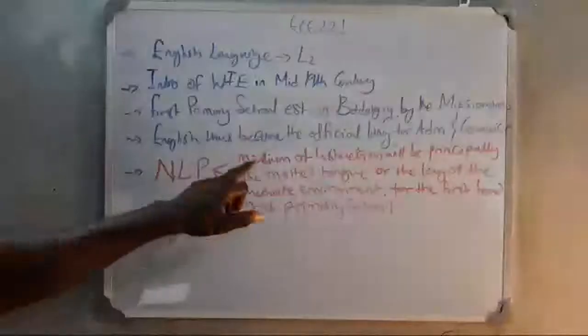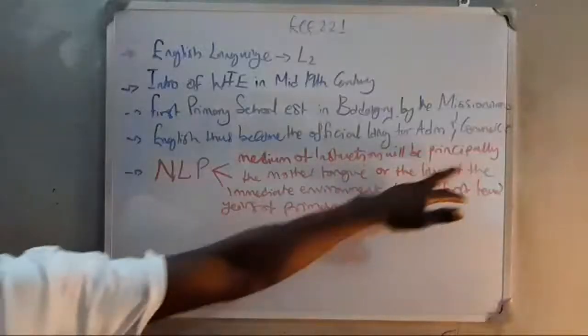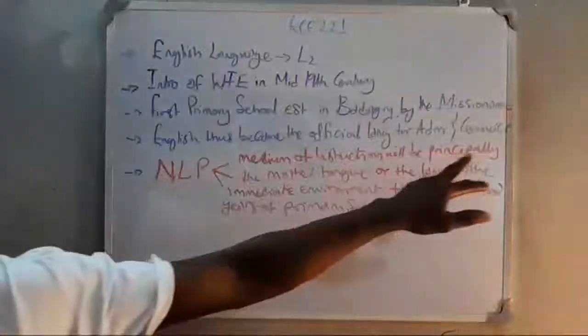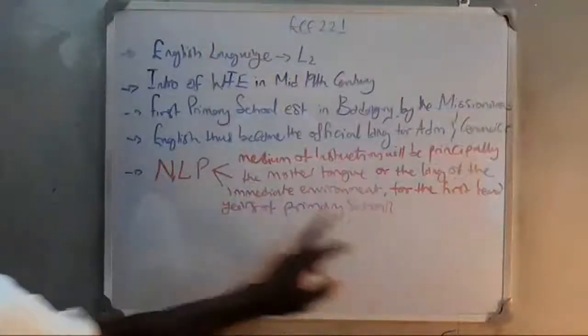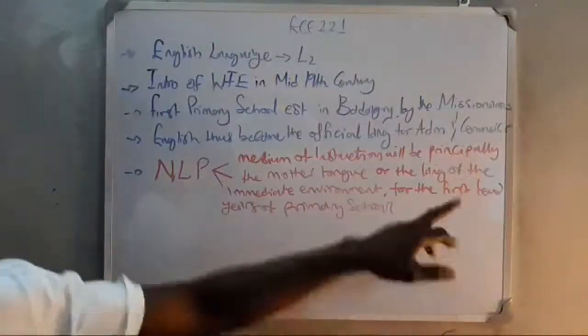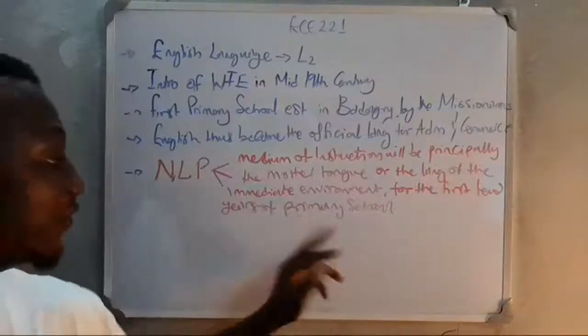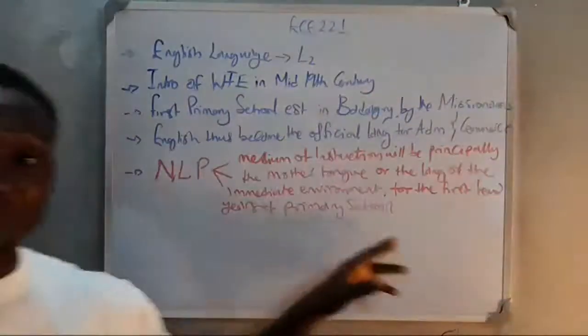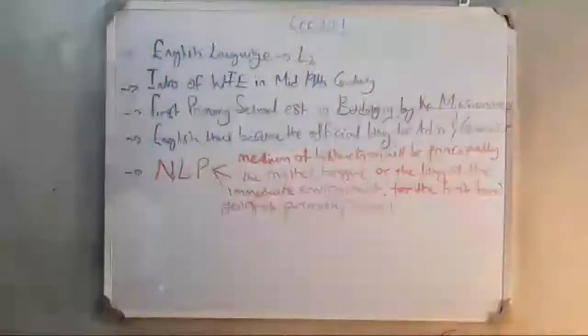So now it says that the medium of instruction will be principally the mother tongue, or what we call the language of immediate environment, for the first few years of primary school. Did you get that now?